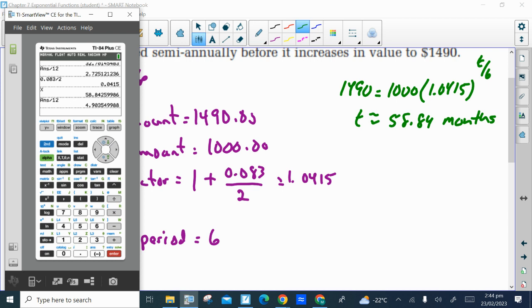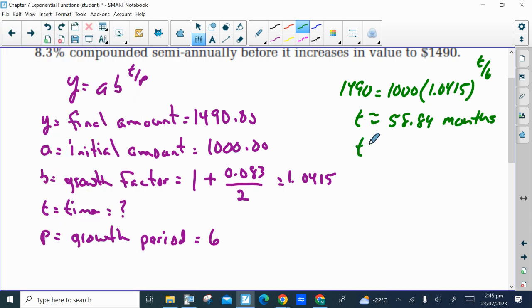Even if this was 4.6, you'd still have to round it up to 5, because the interest would have been calculated at the 4.5 year mark, but then not again until the next 6 months is up. So in this case here, it would be 4.9, which has to be rounded up to 5 years. So they'd have a little bit more than the $1,490 they want, but at least they'd have that much.